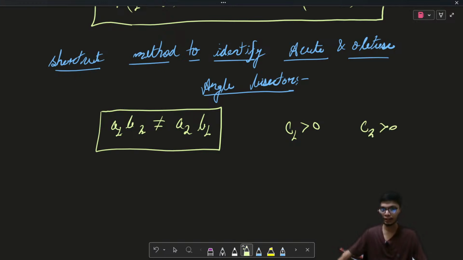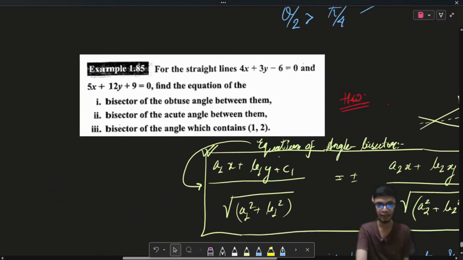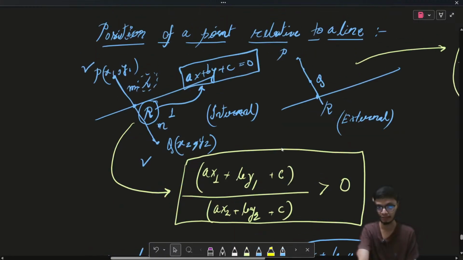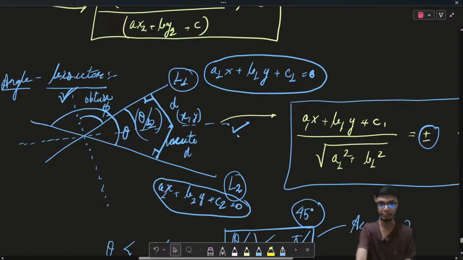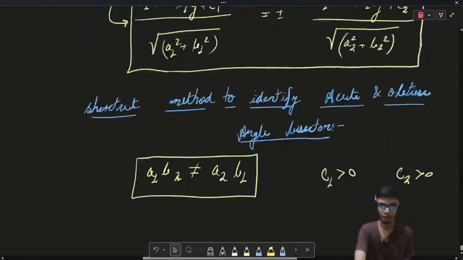Before I use this shortcut, it is very important to remember that I can apply it such that I make my c1 and c2, the constant parts, positive. Maybe you are given line equations where c1 and c2 are not positive. In that case as well, you first have to make c1 and c2 positive, otherwise you cannot apply this formula or shortcut method, right?